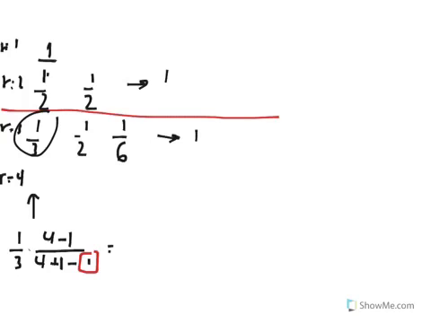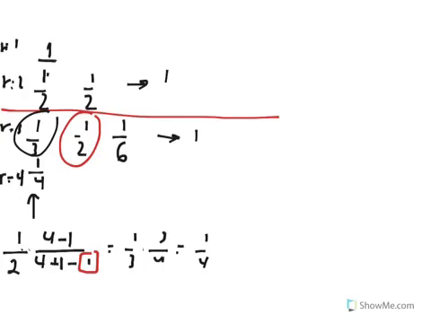When I simplify this, look what happens. I get 1/3 times 3 over 4 plus 1 is 5, minus 1 is 4, becomes 1/4. And 1/4 is the answer there. Now the only difference for getting the second element, well, there are two differences. I'm going to use this number, so instead of 1/3, I'm going to multiply by 1/2. You always multiply the number that's above the number you're trying to get.